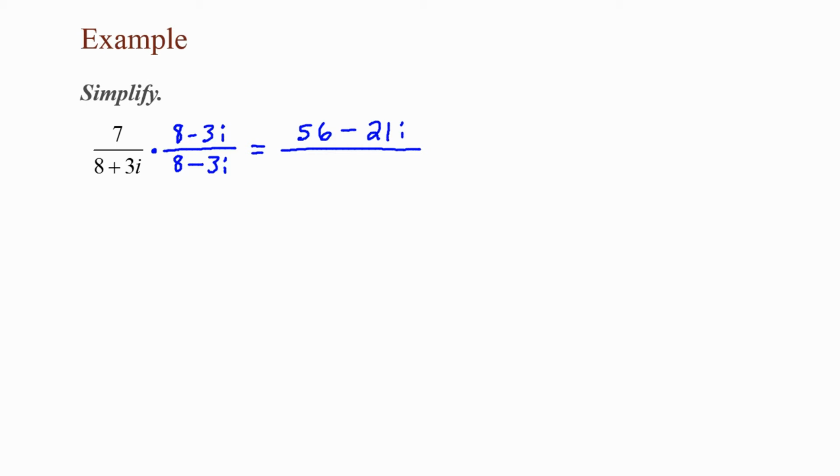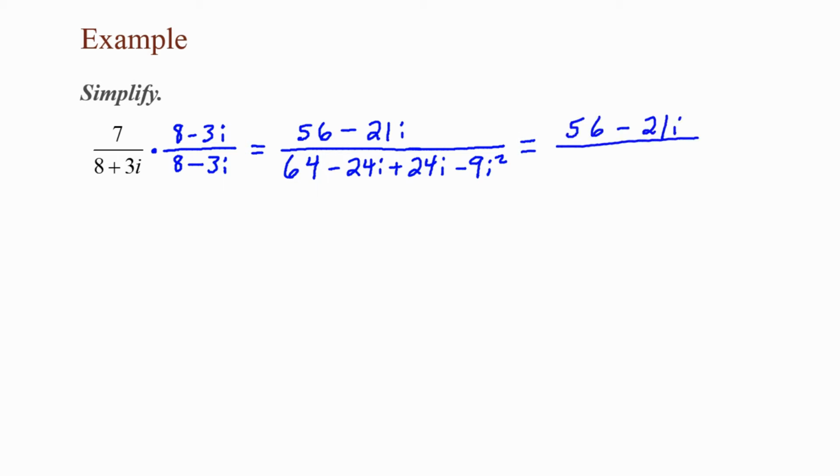8 times 8 is 64. 8 times negative 3i is negative 24i. 3i times 8 is a positive 24i. And 3i times negative 3i is a negative 9i squared. Bringing over my numerator, 56 minus 21i divided by 64.